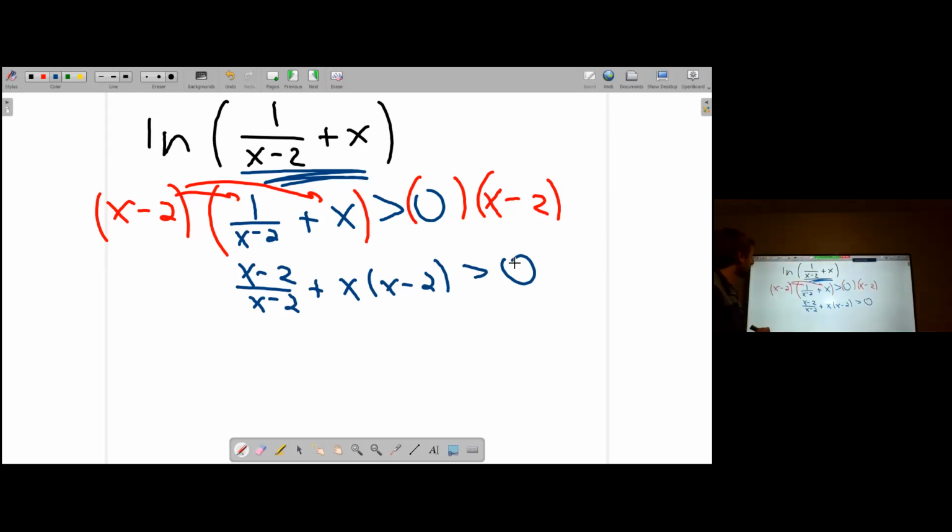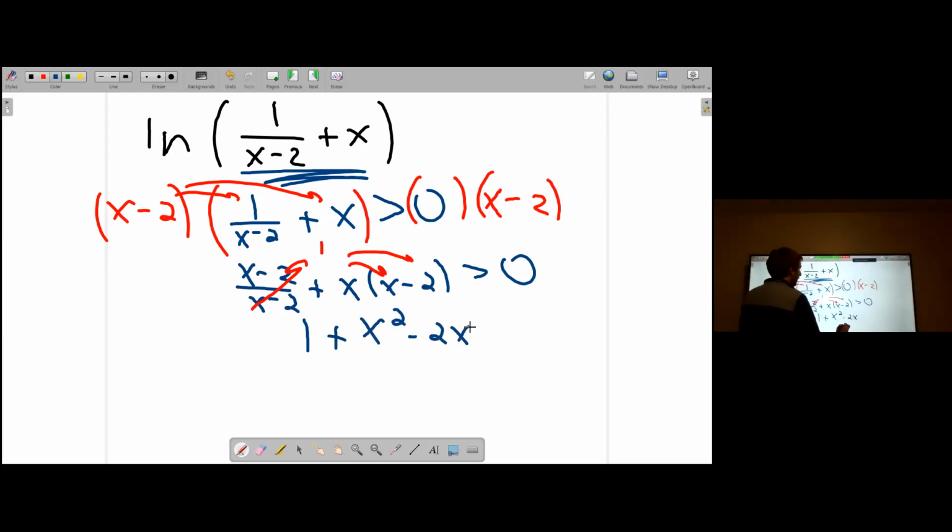That's kind of nice. x minus 2 divided by x minus 2 is just 1. That cancels to 1. So we got 1 plus, if I distribute this x, x squared minus 2x is bigger than 0.